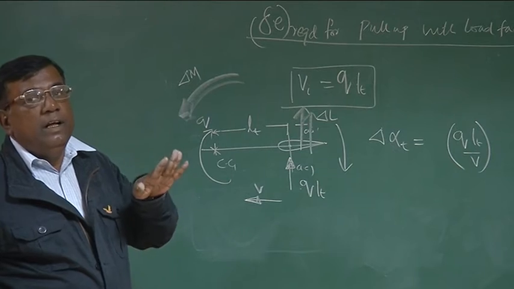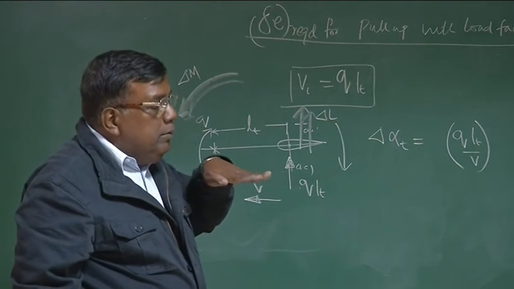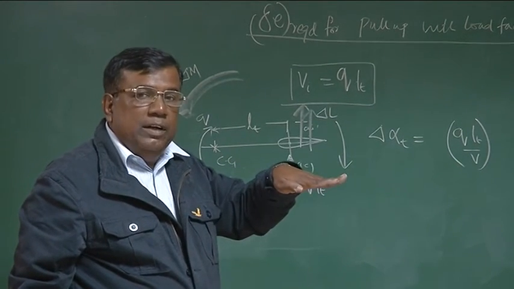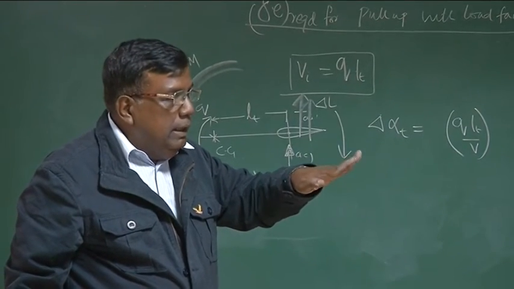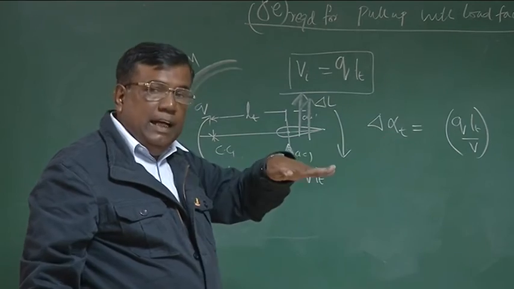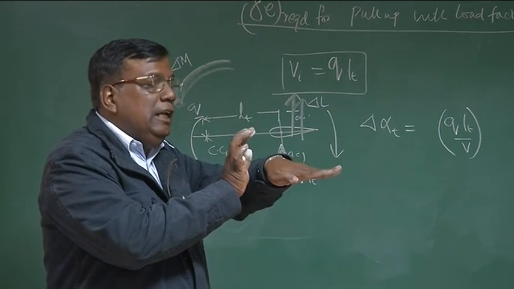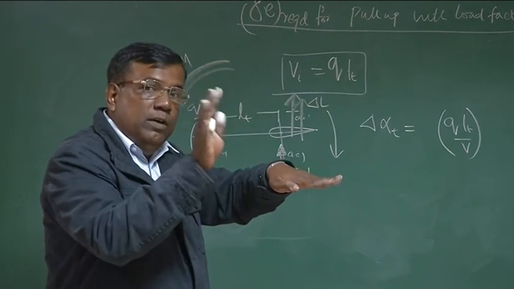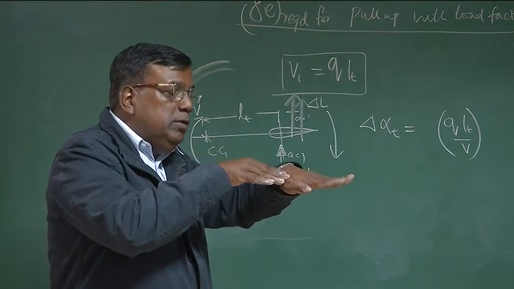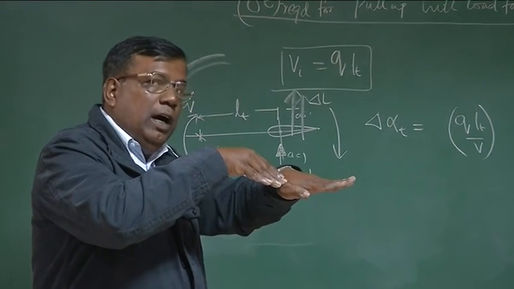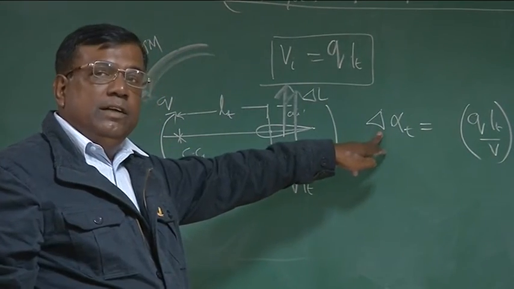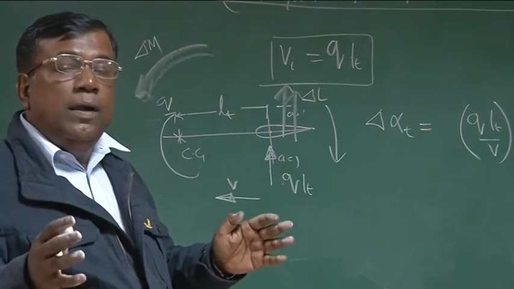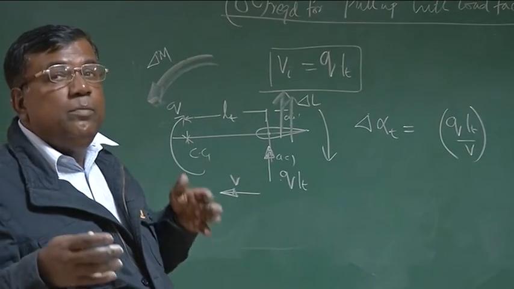This part is clear? I repeat again. When I am cruising, I have put some delta E, elevator deflection. Now I am pulling up. The moment I try to pull up, I see additional angle coming at the tail. So that additional angle at the tail will give me a nose down moment. I don't want that. I have to counter it. So I have to give the elevator deflection a little more up, so that I counter whatever change of delta alpha T is there. So that will be my new delta E required for a pull-up.